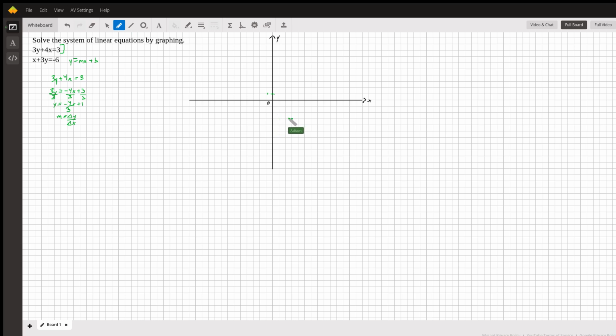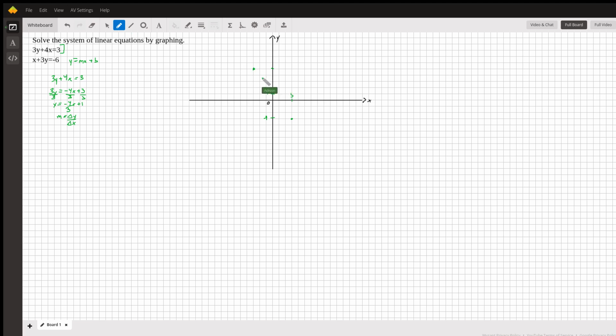So that would be one of the points on the graph, down 4 and over 3. In the same way, we could go up 4 and over negative 3. So up 4, 1, 2, 3, 4, over negative 3, 1, 2, 3. And that would be another point.